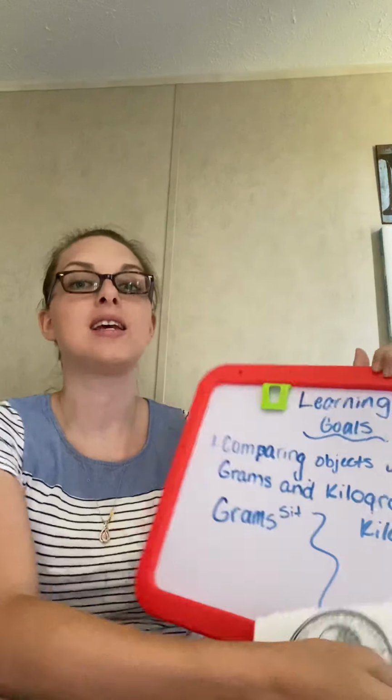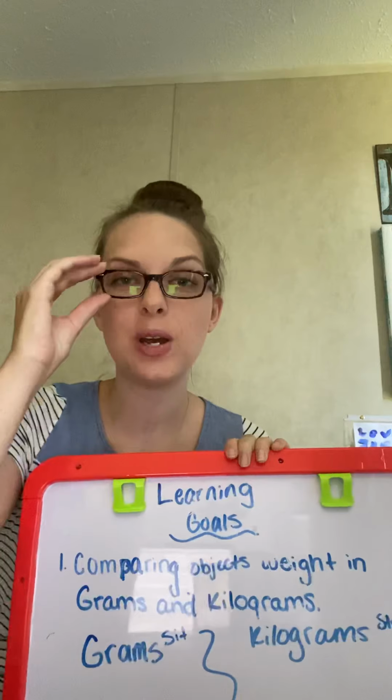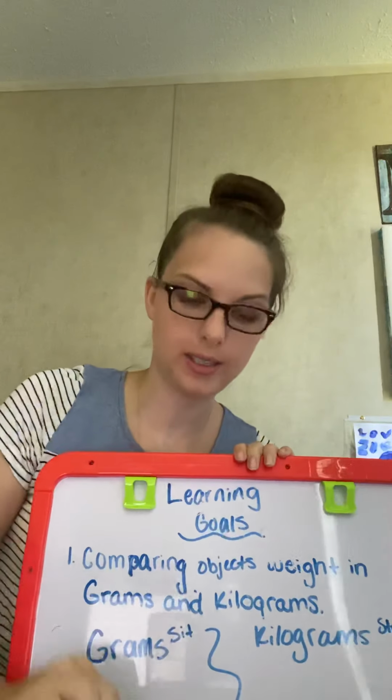And we're going to get different pictures of objects, and we're going to determine whether we think they should be weighed in grams or kilograms. So when I show you an item, if you think it should be weighed in grams, I want you to sit in your seat. But if you think it should be weighed in kilograms, I want you to stand up. That way we can get moving just a little bit.